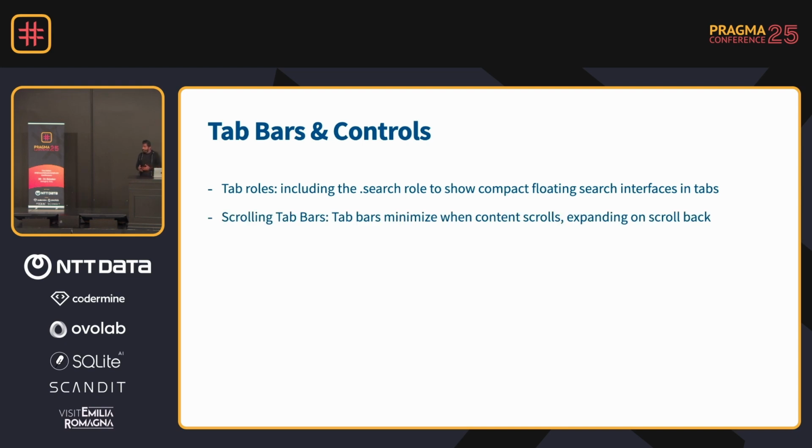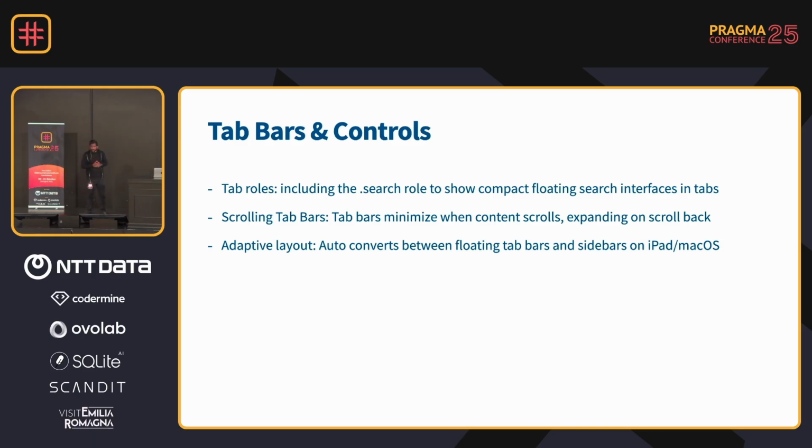And scrolling with the tab bars gives you maximum content by shrinking down the tab controllers and giving more room for your content to breathe. You can use that whenever your application has many tab controllers and you want to give more space to your content, so you can use tab bar scrolling modifiers. And it has an adaptive layout, especially with your tab controllers moving to the sidebar depending on where it runs.